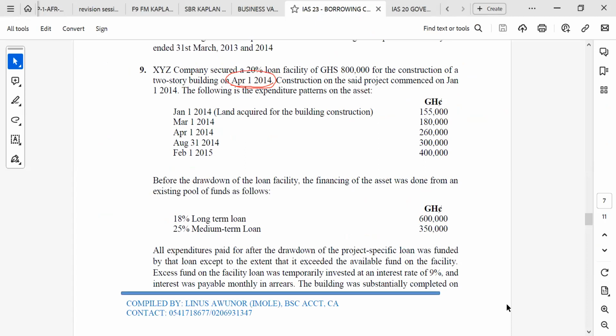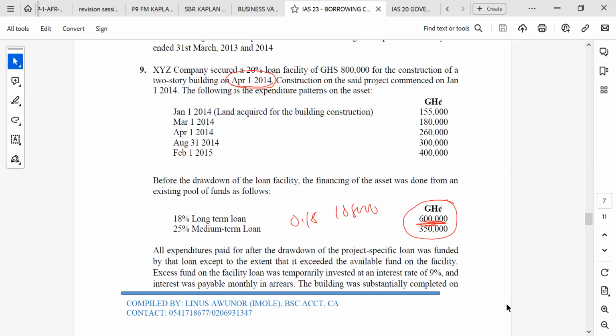But what is going to go to profit or loss is the total loan. Let's calculate the total loan on these figures. The interest that you have to be paying on this loan will be this amount. So we have 0.18 times 600,000. You are supposed to pay 108,000 on the first one.